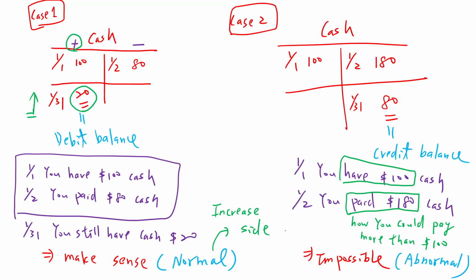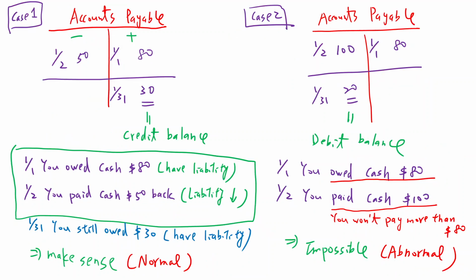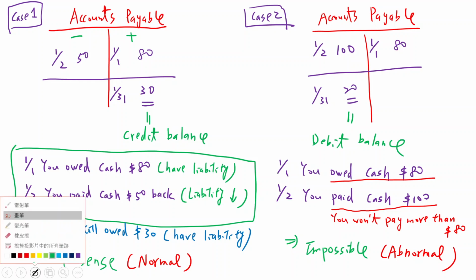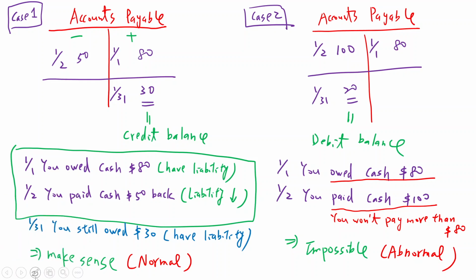So that's for cash. How about accounts payable? The same. Did you find out? Accounts payable, normal situation on credit balance. Credit balance for accounts payable means increase. Okay? So a normal situation usually is for the increase side.